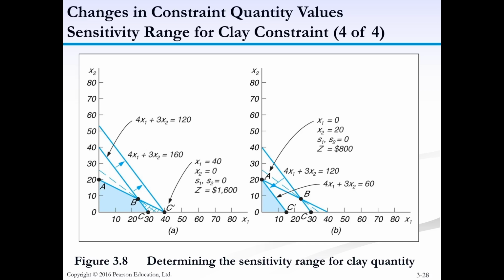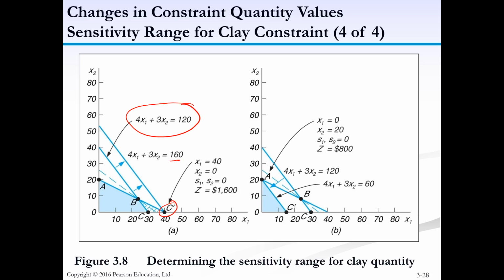The original was 4x1 plus 3x2 is equal to 120, and the optimal point is B. If we increase the value to, let's say, 160, point B will start moving until it comes to C prime. And at that new point, we will have a new solution variable mix. We have x1 is equal to 14 and x2 has become 0.